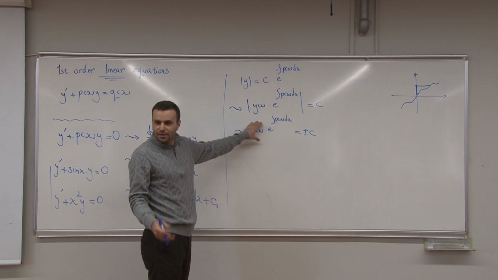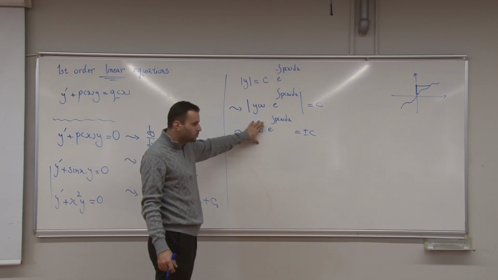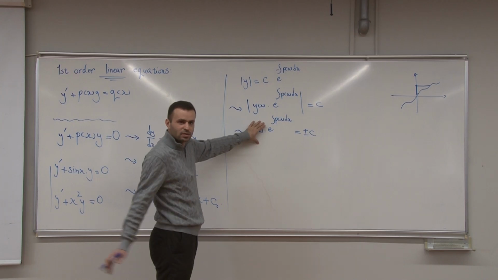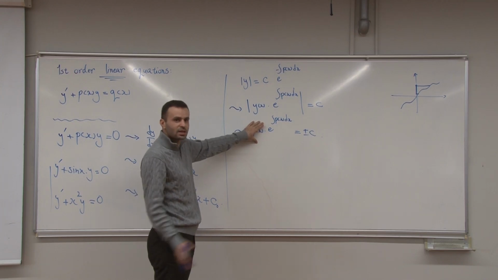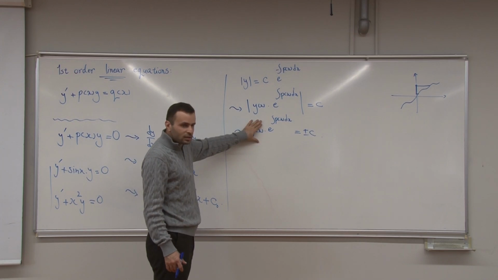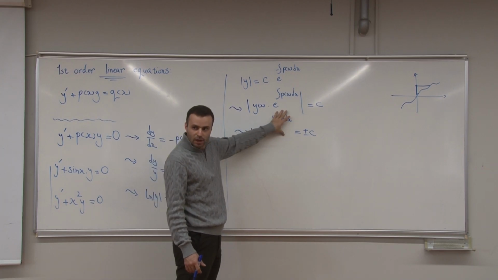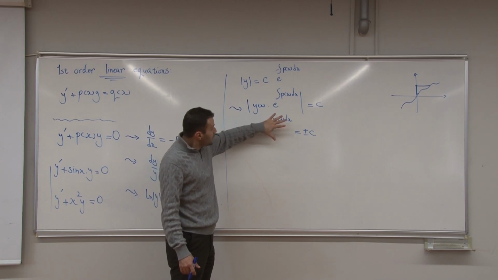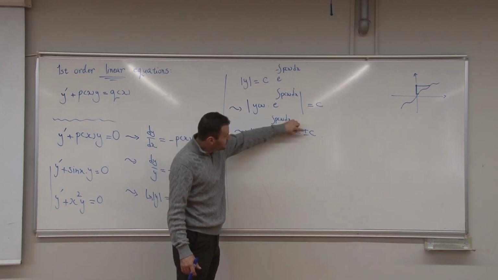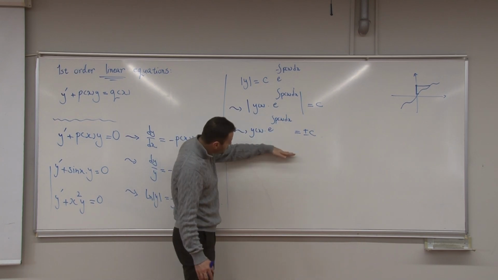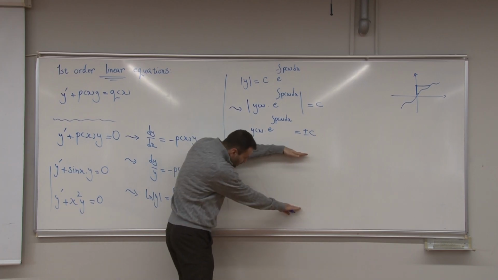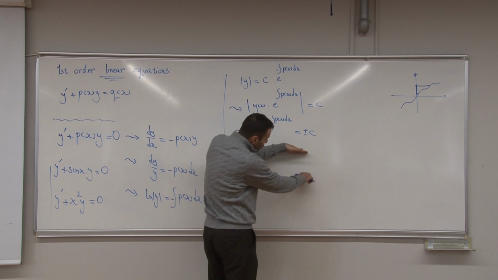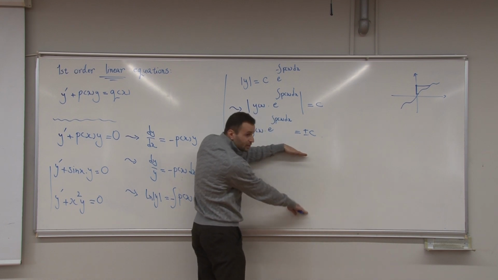By our assumption, we have talked about continuous functions, right? We have said we do not have anything to do with discontinuous cases, so let's assume that everything is working. This is a continuous function, this is a continuous function, so this whole thing is a continuous function. If a continuous function takes some value here, which is c, and some value here, which is minus c, then it must take all of the values in between these two.